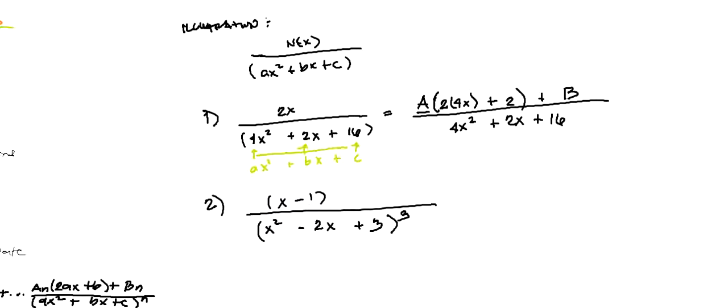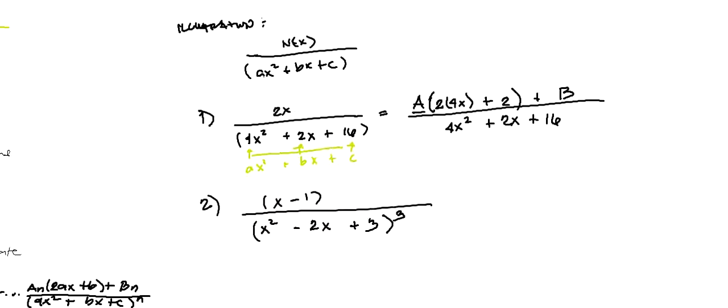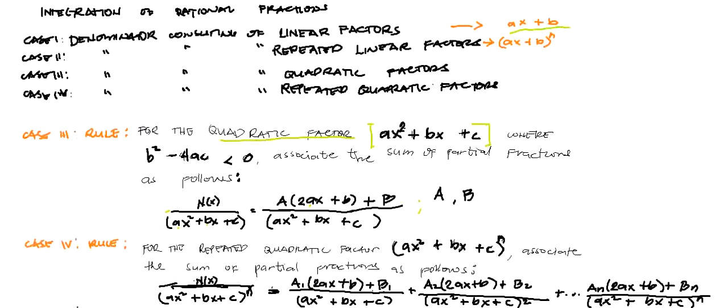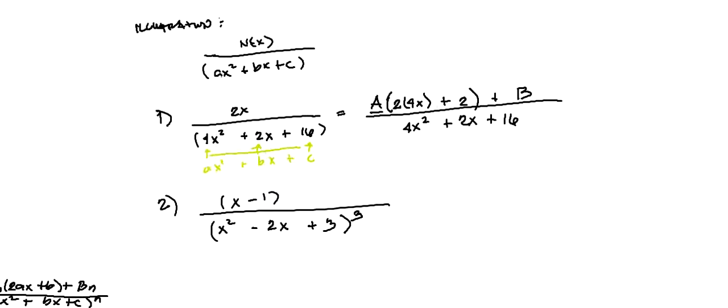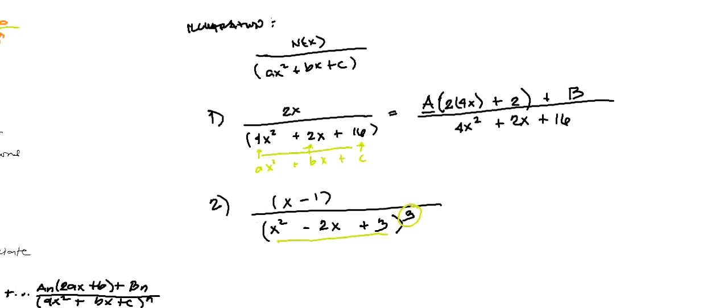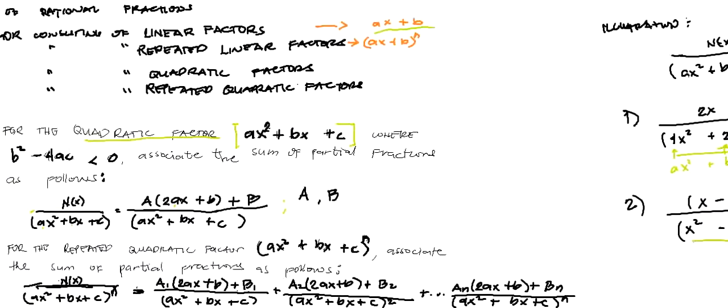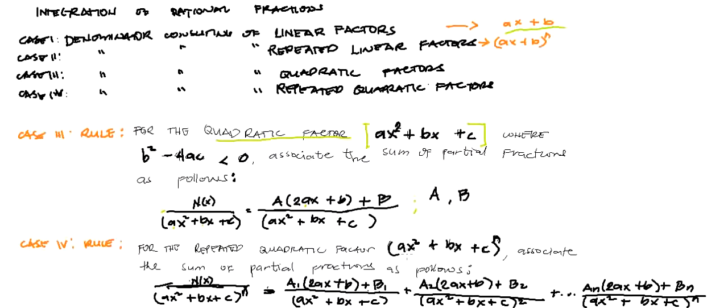Since it is raised to some number n, we will adopt our case 4, wherein we have the quadratic form inside, but it is repeated up to third degree. So we will adopt our case 4 because we have this quadratic form repeated, raised to some n. So we will adopt this formula.